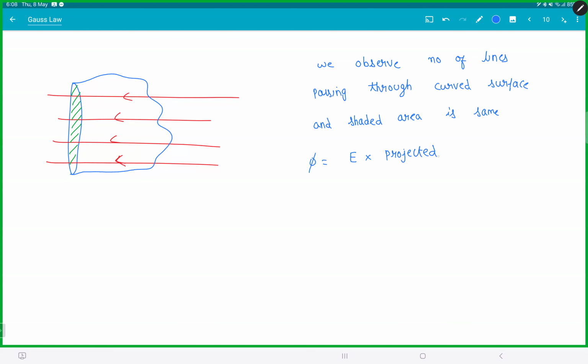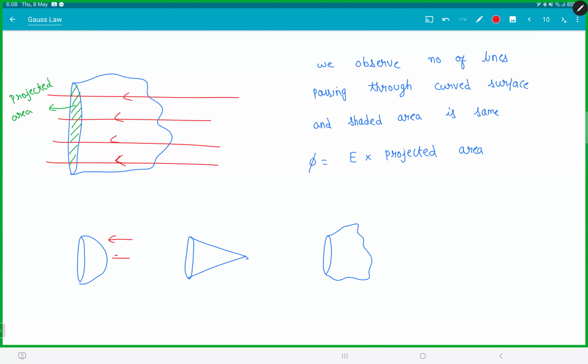And what is the definition of projected area? An area which, when you put it there, makes a closed figure. By introducing this green color area, the whole figure becomes closed. So coming back to our problem, if you have taken a hemisphere, a cone, or an amoeba shape, it doesn't matter.